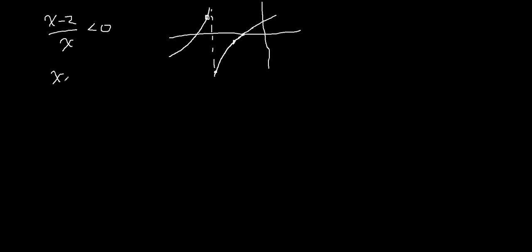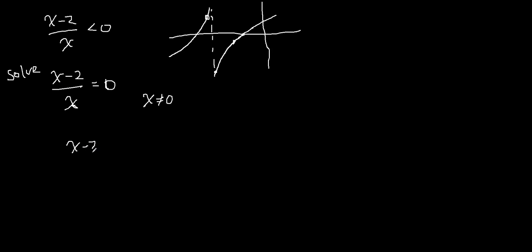So let's make it equal to 0. x - 2 equals 0. So you know there's a non-permissible value: the x in the denominator will give you an asymptote at x equals 0, right? x cannot be equal to 0. And the function will be equal to 0 when x equals 2, right?